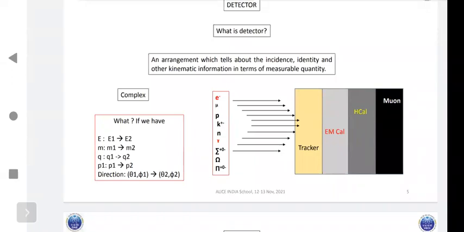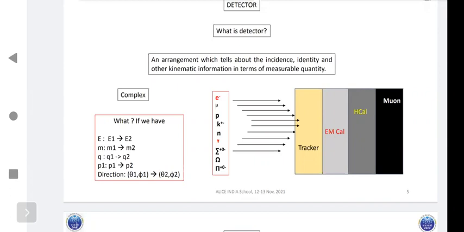For the sake of understanding, I have sketched here in one direction. Let us understand what these blocks are representing. These blocks are basically saying, depending on the type of particles, their mass, their energy, their charge states, their nature of interaction with matter, you need to arrange different types of detection mechanism.